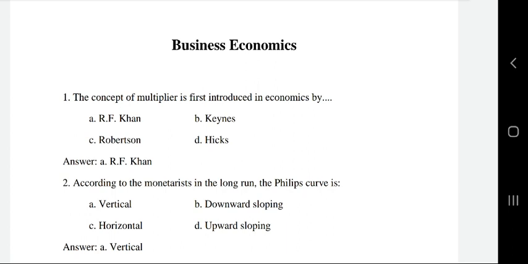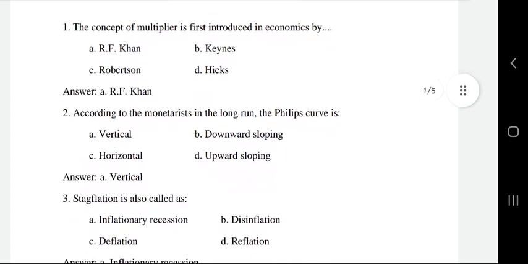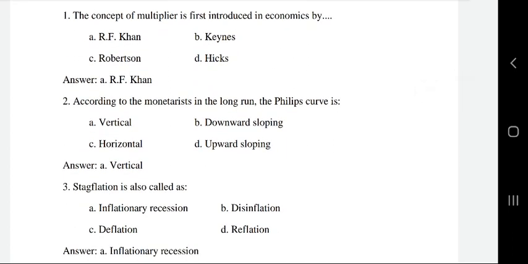Question number 2. According to the monetarists, in the long run, the Phillips curve is? Options are vertical, downward sloping, horizontal, upward sloping. The answer is vertical.